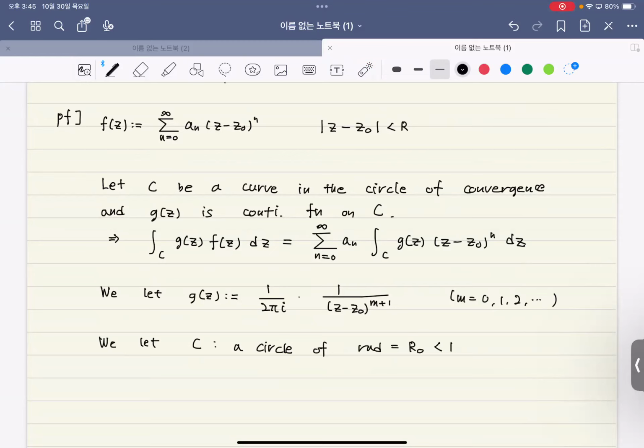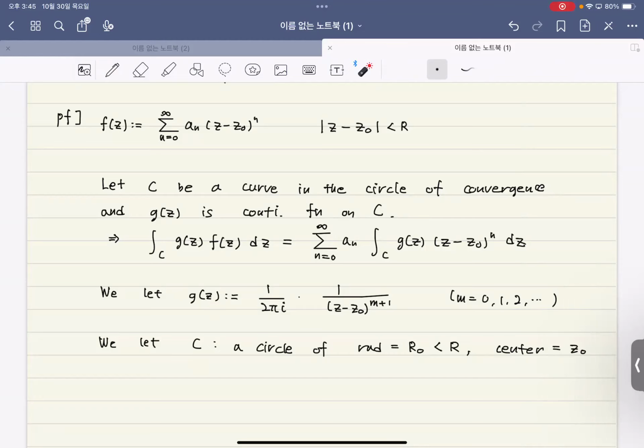I want this radius to be less than R, and the center is Z0. By doing so, now I am pretty sure that this function is everywhere continuous on this curve, right?